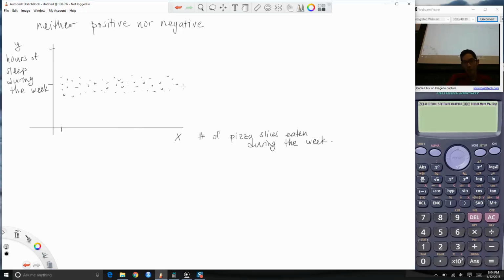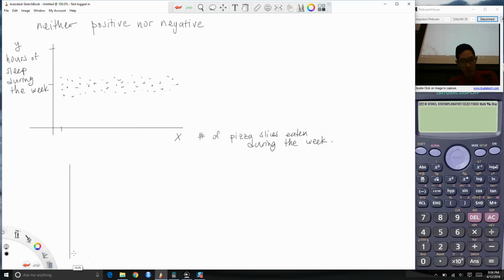But you shouldn't see people getting 20 hours of sleep a day during the week, and you shouldn't see too many people getting an average of 4 hours of sleep during the week, because sustained, that would be very bad for your health. As far as how much pizza someone eats, that's subject to debate also. But you're going to see some kind of trend like this.